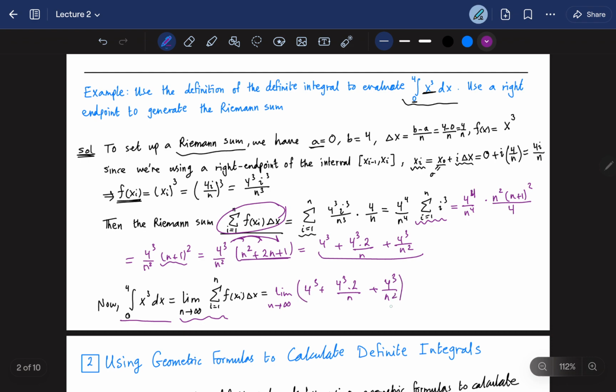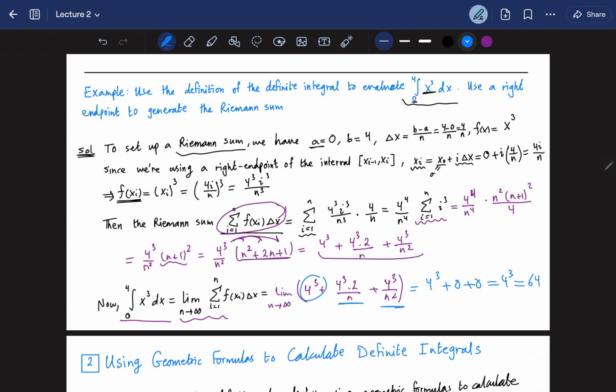And we know that you can distribute the limit when you have a summation. So these two terms are going to go to 0. And this is constant, so it's just going to be this, which is equal to 64.